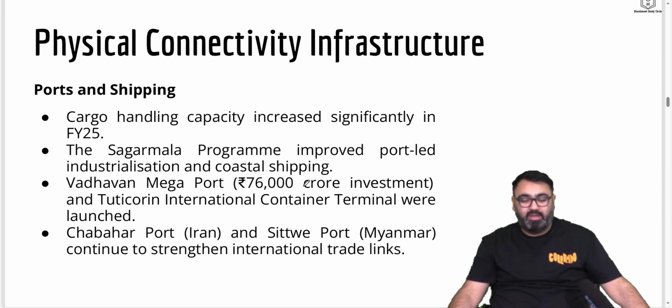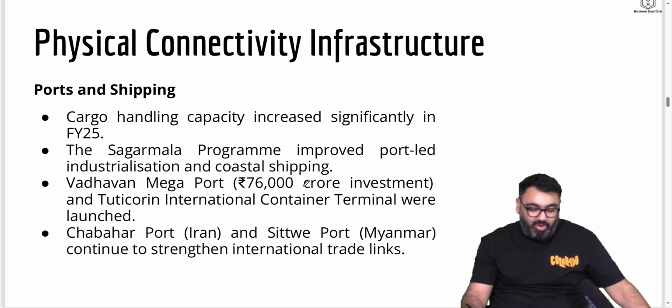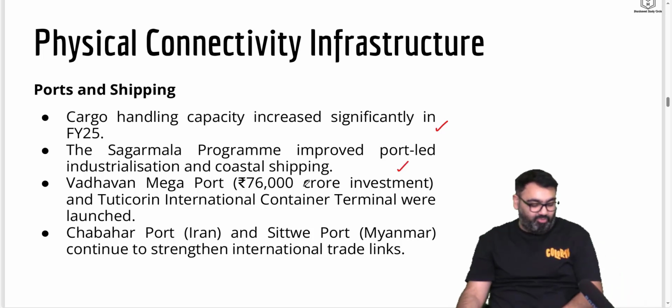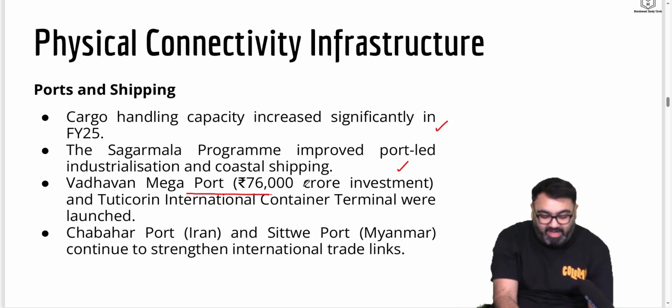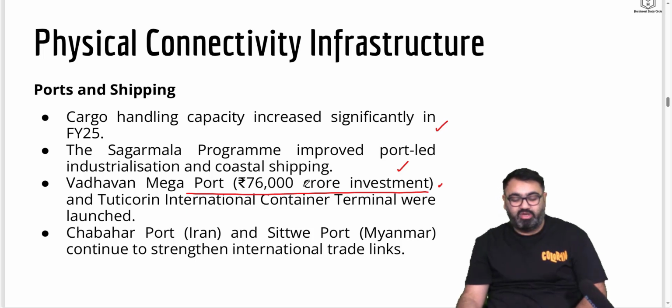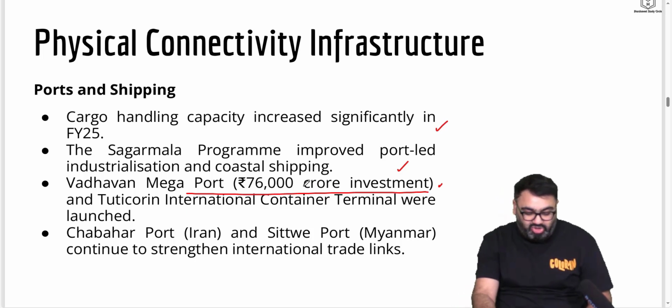Then ports and shipping, government has been focusing on this also. This is extremely important for your foreign trade. Import, export, all happens. Most of that happens with your ports, so they have to be robust enough. Cargo handling capacity has been increased. Sagarmala Pariyojana has also seen improvement in the infrastructure in the ports. We have also seen Vadhavan Mega Port, that is about 76,000 crore investment, and Tuticorin International Container Terminal, they were also launched.